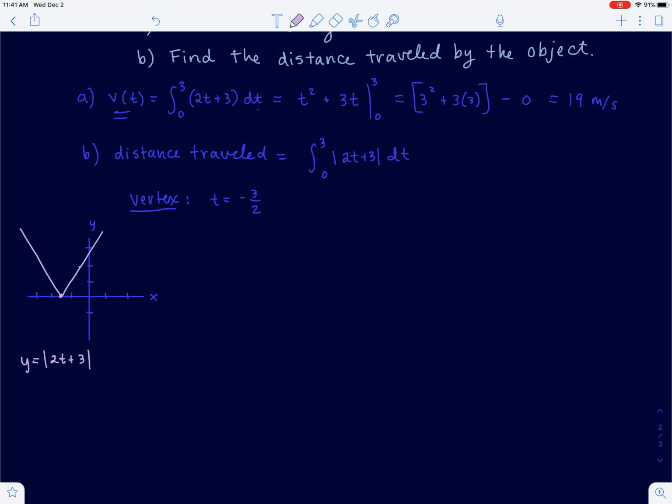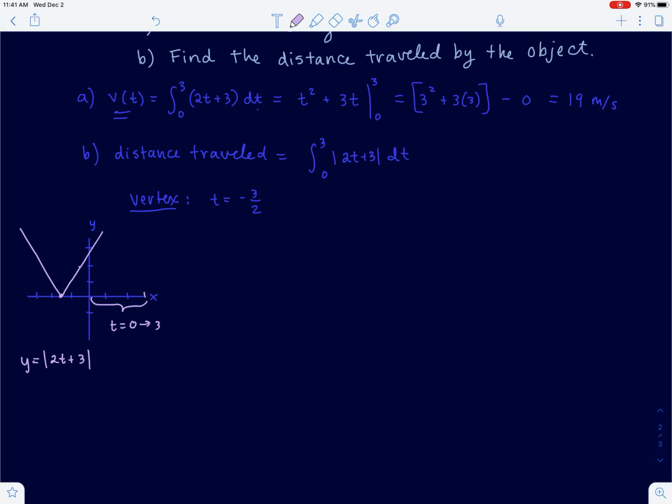And here's the thing, what we care about is between 0 and 3, and our function actually doesn't change there, so we don't have to change anything.